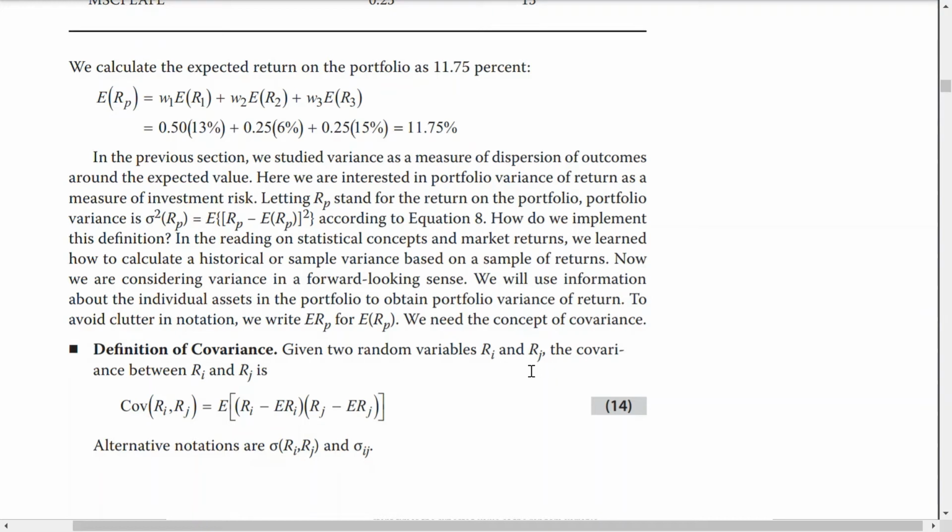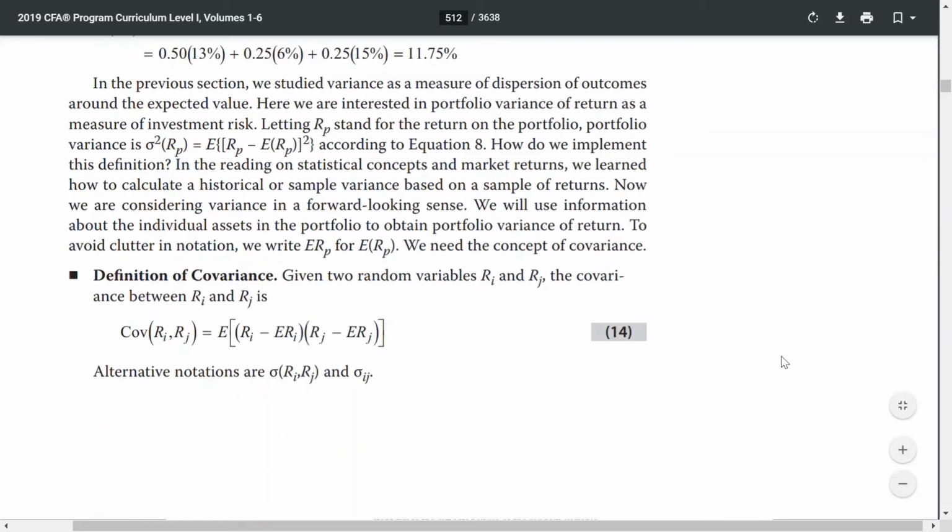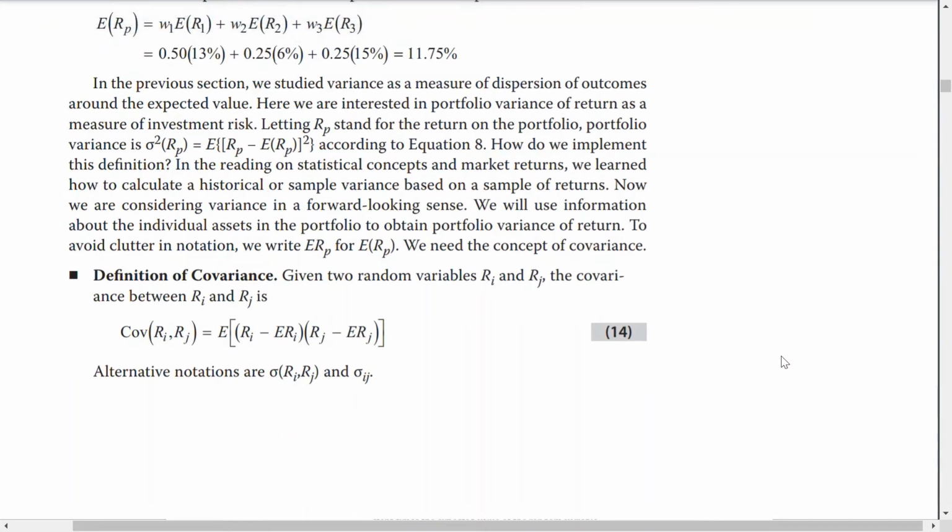In the reading on statistical concepts and market returns, we learned how to calculate a historical or sample variance based on a sample of returns. Now we are considering variance in a forward-looking sense. We will use information about the individual assets in the portfolio to obtain the portfolio variance of return. To avoid clutter in notation, we write ERp for the expected return of Rp.